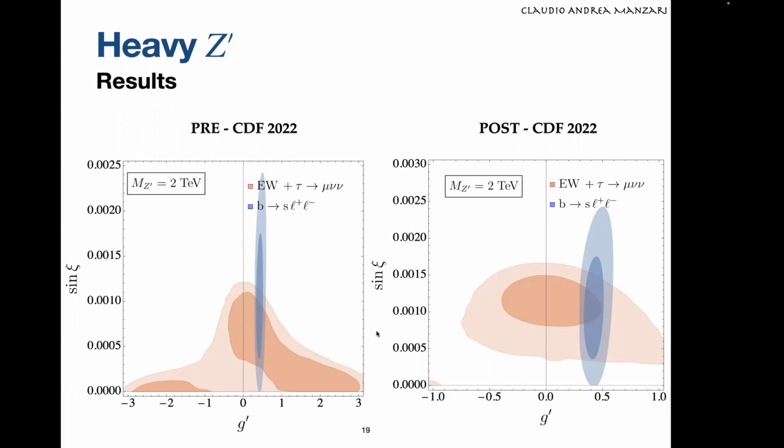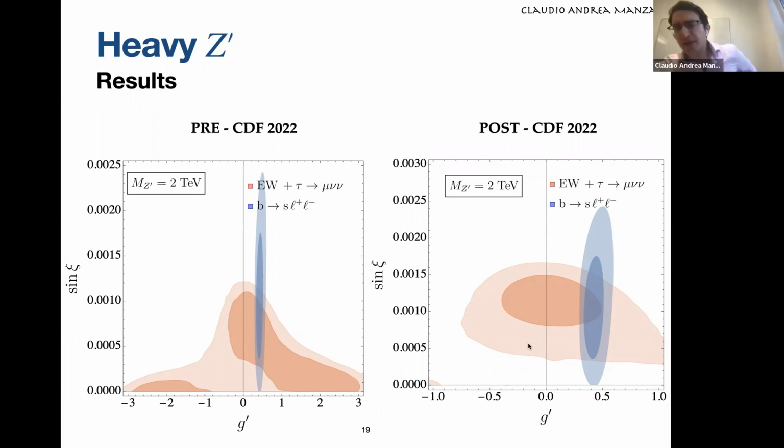It could be large, G prime. On the right panel, G prime is rather near 0, basically, even if you have a larger sine of the mixing angle. So, could you explain why you prefer smaller G prime in this post-CDF 2022 fit?